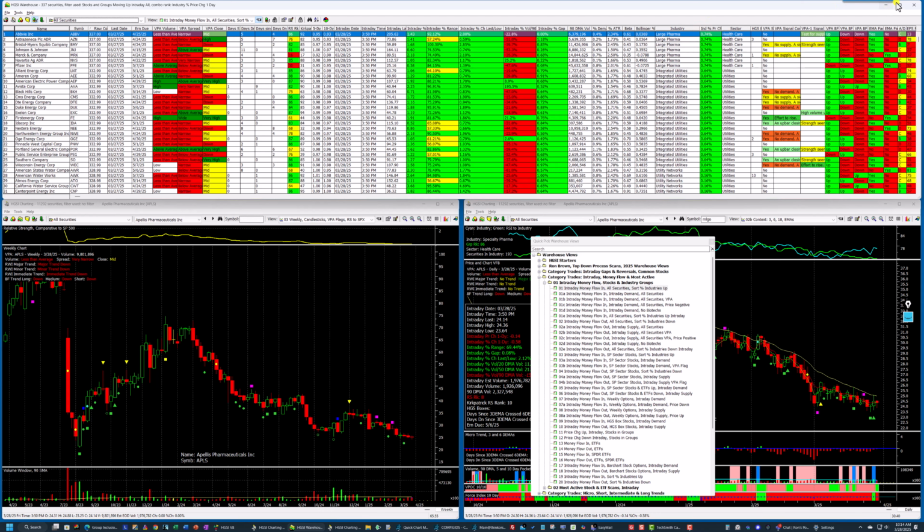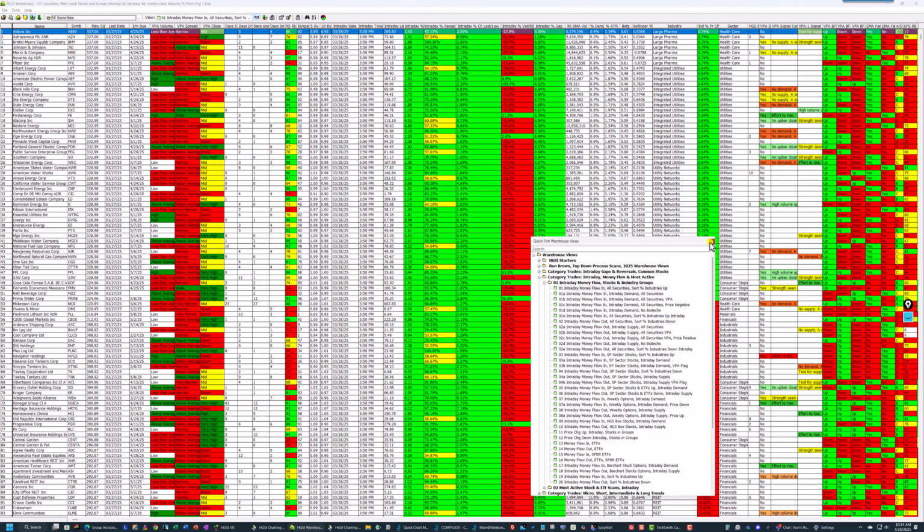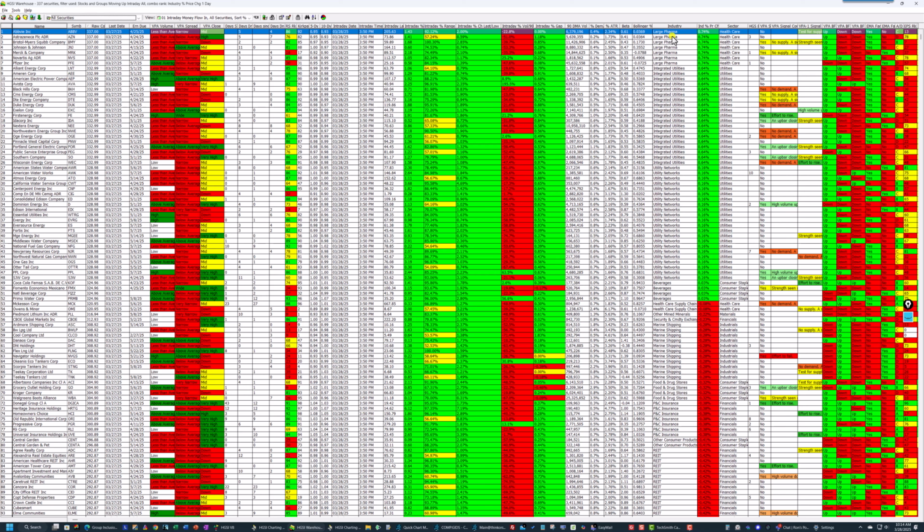So let's make this full screen, and this shows me immediately which stocks are up or showing money flow in, and they have to have a daily range of at least 50% to be included in this, and the volume is not really factored into it.